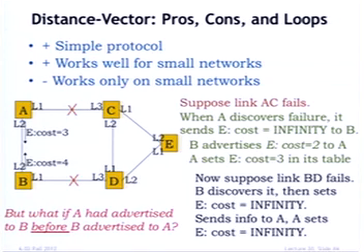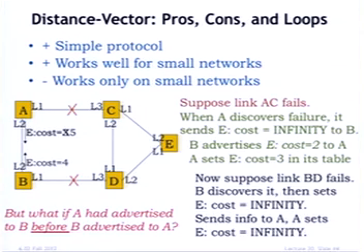But in this protocol, there's no way for B to distinguish that case from the case where A is just repeating to B a route that it received via B, but it's just telling it that it has a route via B. Now, B therefore says that it has a cost of 4 to E, and it sends that to A, and A says, whoa, previously the cost was 2 from B, and now B is telling me that the cost is 4, which means I need to make my cost equal to 4 plus 1, which is 5, and I'm going to send that back down.